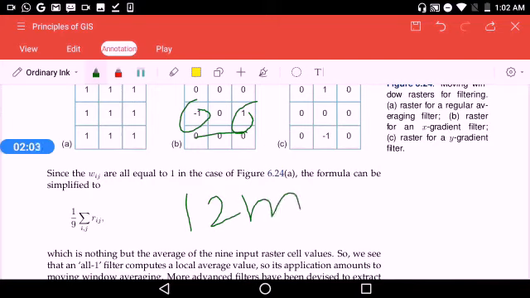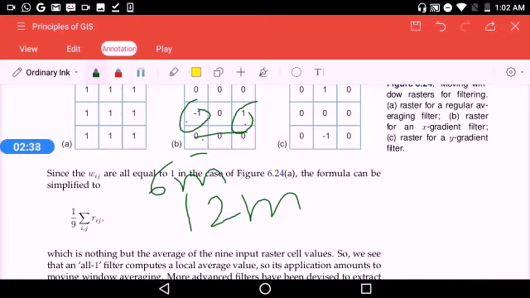And if you know that the cell width is of 6 meters, that means there is a difference of 2 cells. So since there is a difference of 2, if you normalize this difference of the slope, it will go from -1 to +1. So that is the reason why after normalization the x gradient filter is showing -1 and +1 in these two cells. Similarly, we can find out the y gradient filter also.